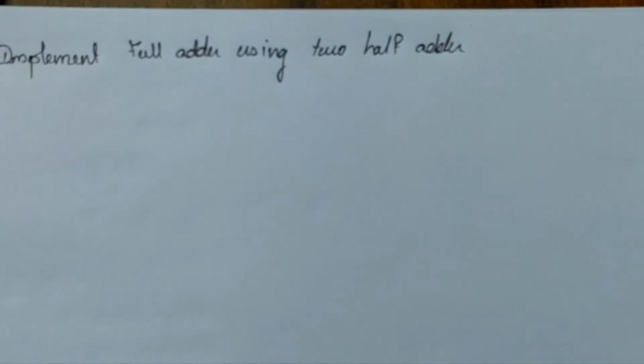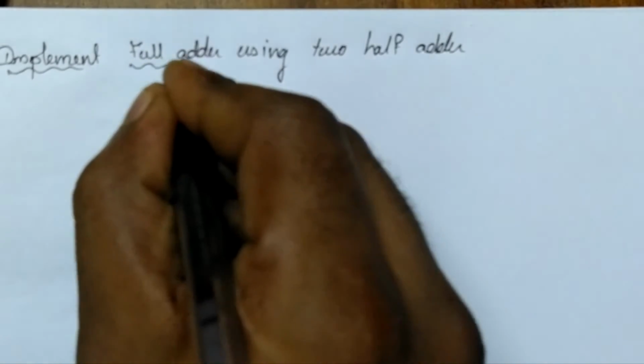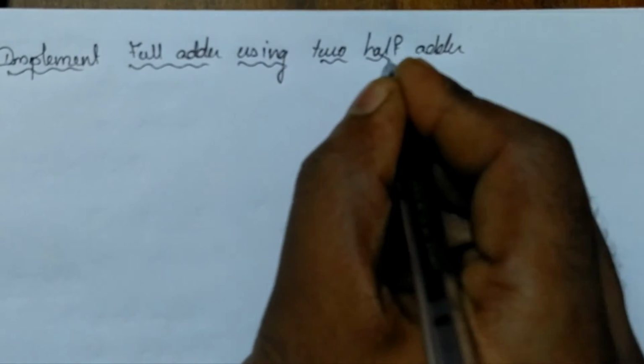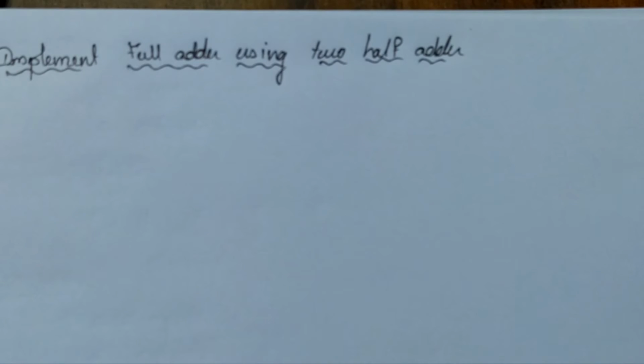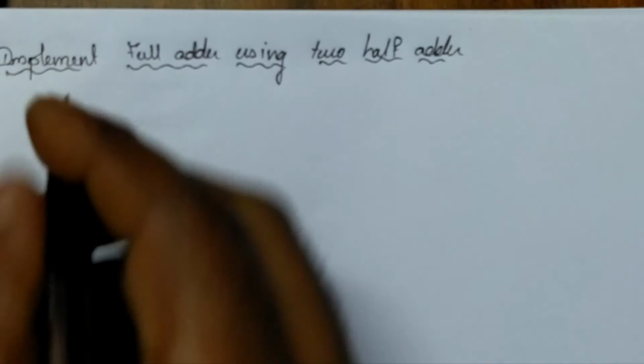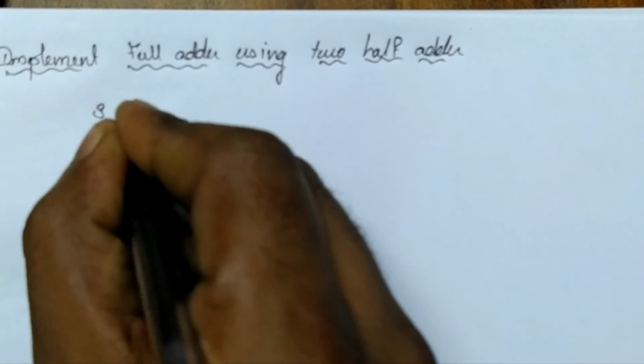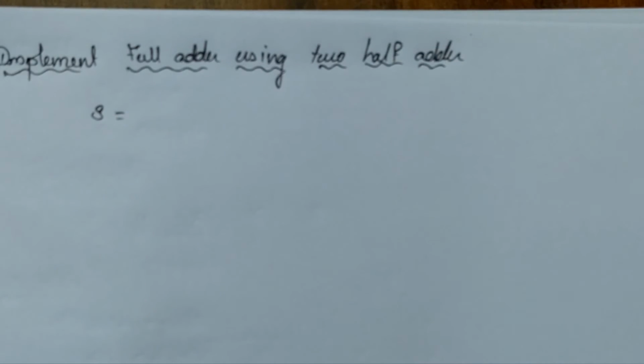So to do this, here we need to go for algebraic simplification of this expression. Okay, so here we are having this sum expression from the truth table.